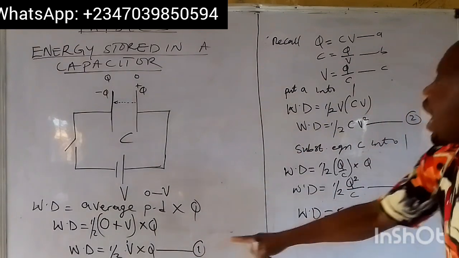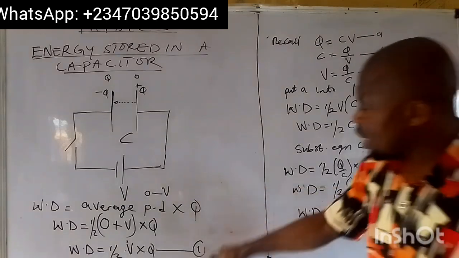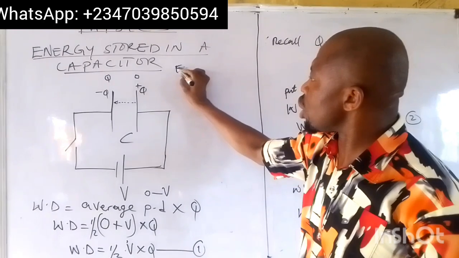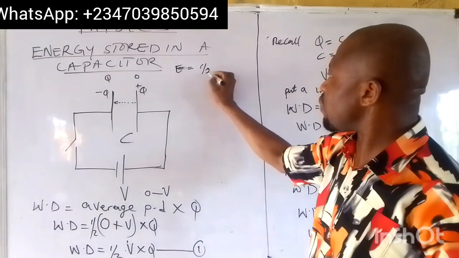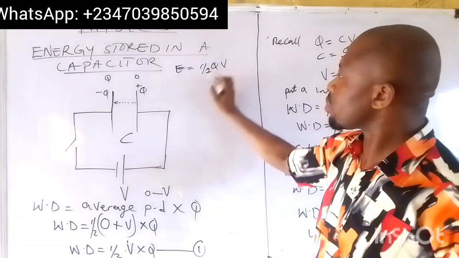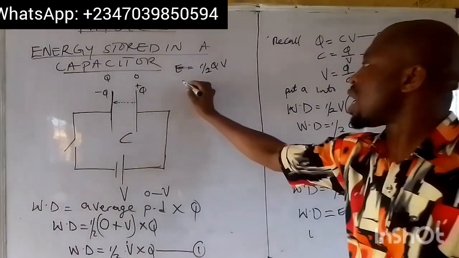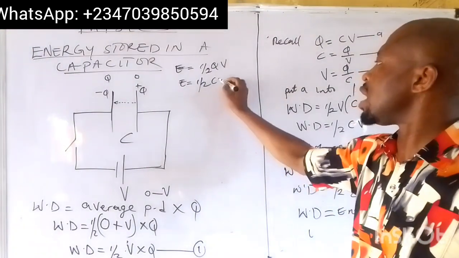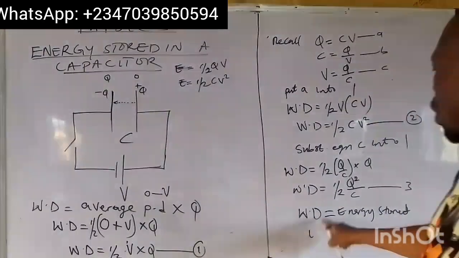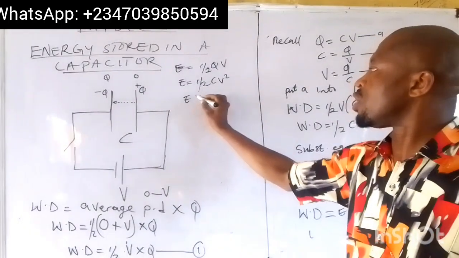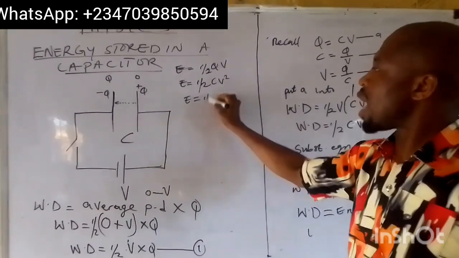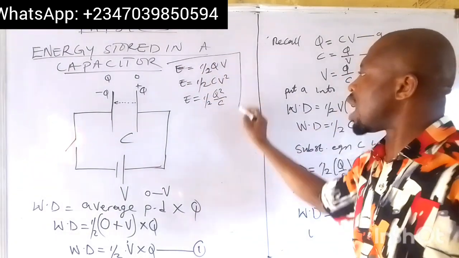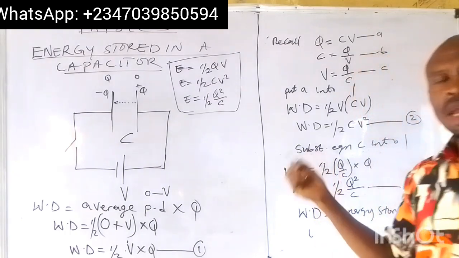We can put them together. The first one, we can have that energy stored E is equal to half QV. The second one, energy stored is equal to half CV squared. The third one, energy stored is equal to half Q squared over C. So these are equations for energy storage.